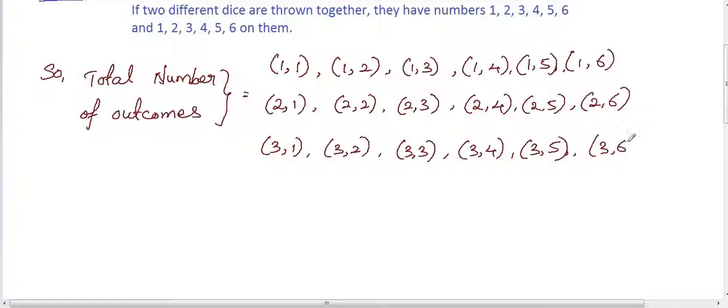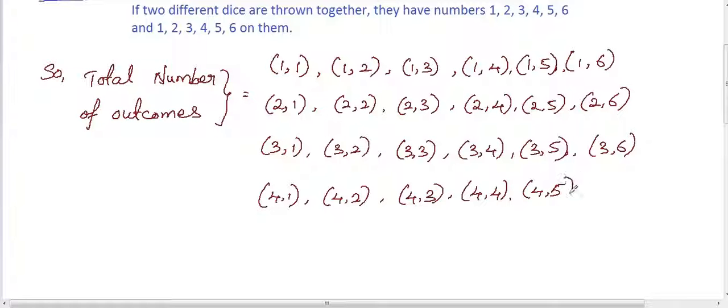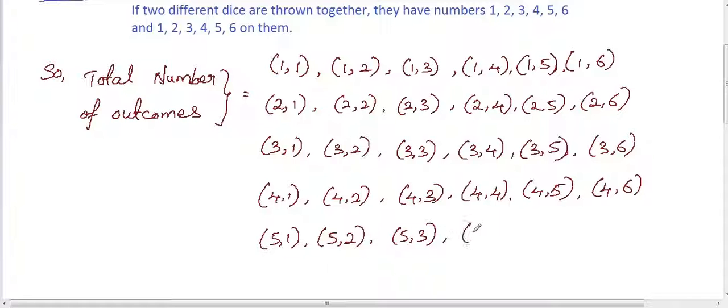And similarly we'll get 4 for 4 and 5 and 6 as well, like 4,1; 4,2; 4,3; 4,4; 4,5; 4,6. Then 5,1; 5,2; 5,3; 5,4; 5,5; 5,6.